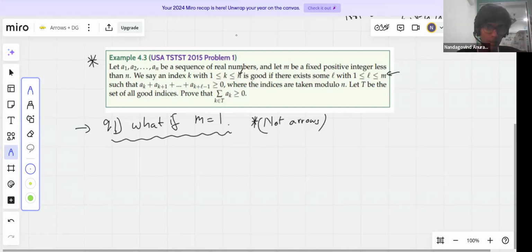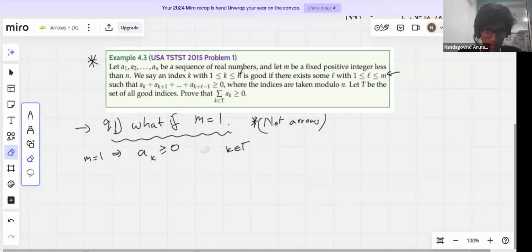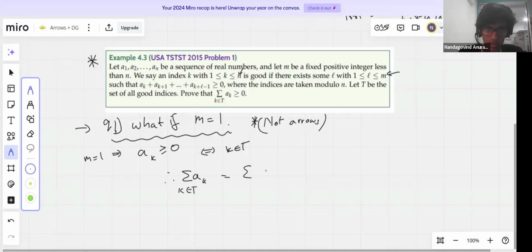So m equals 1 implies AK greater than or equal to 0 if and only if K belongs to T. Therefore, the summation of AK over all K belonging to T is a sum of terms greater than or equal to 0, which is obviously greater than or equal to 0.